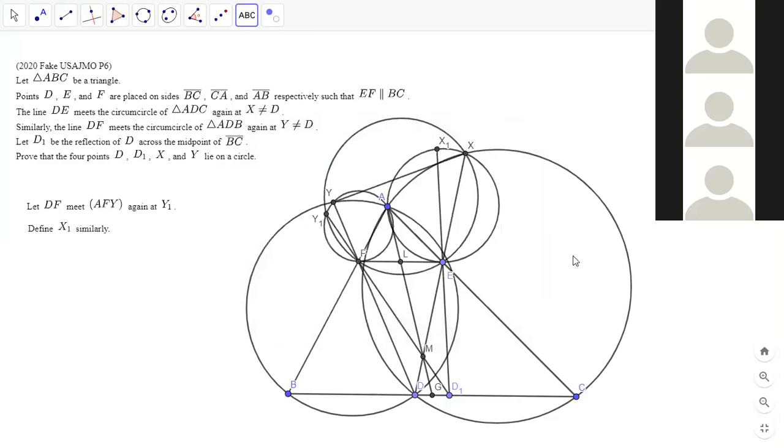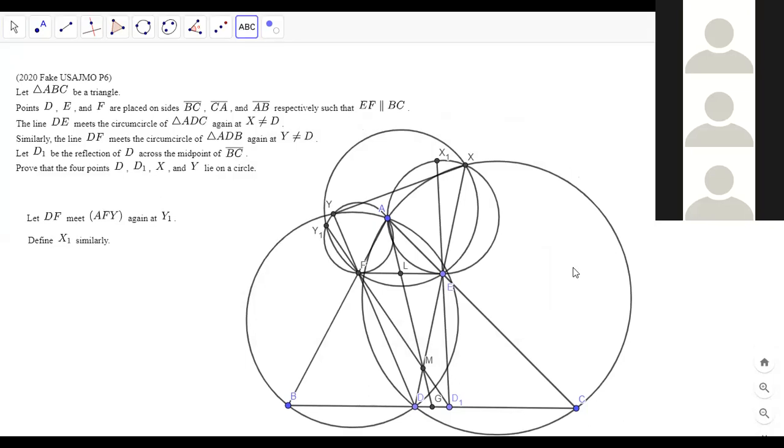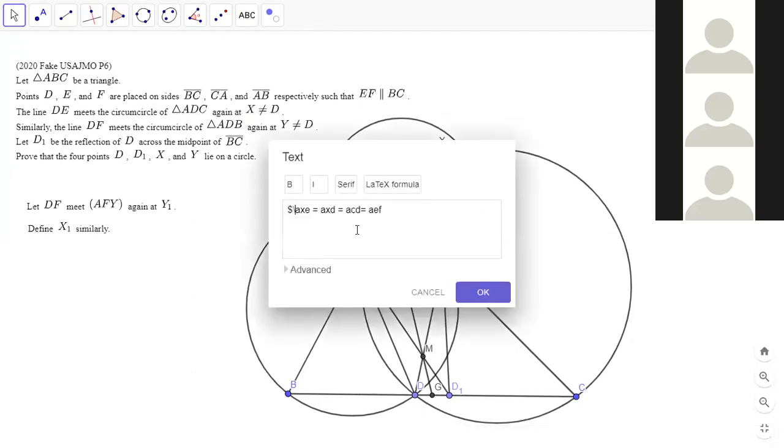Then I'm going to write out the angle chase you said. That means that EF is tangent to AFY.